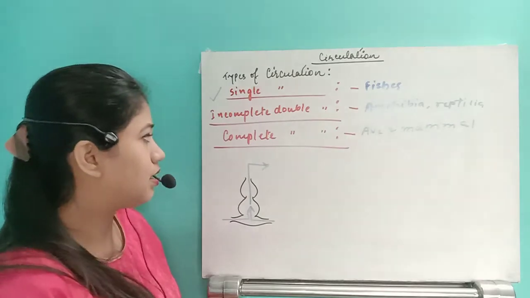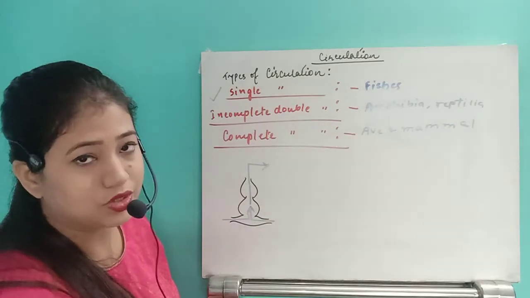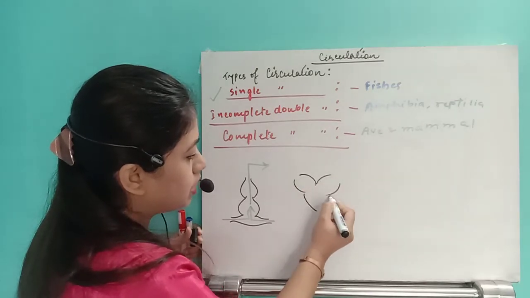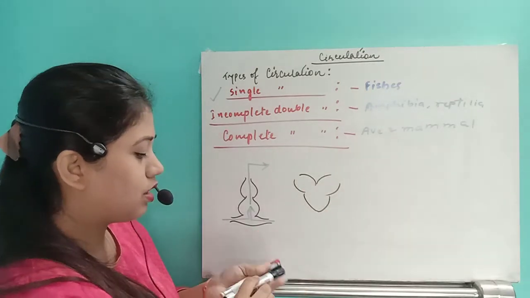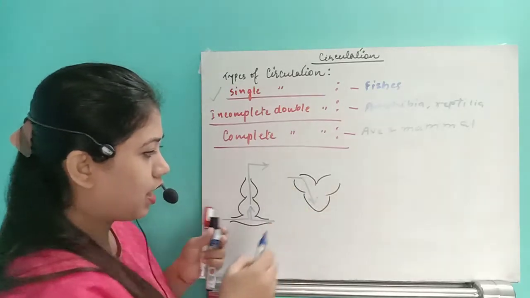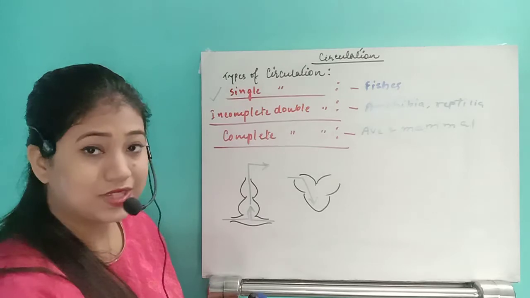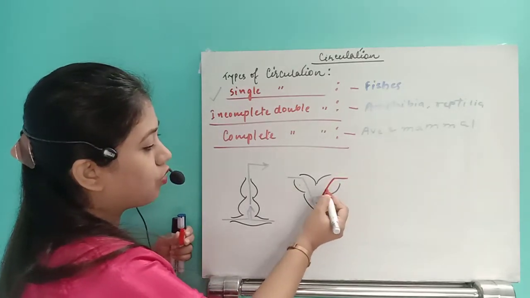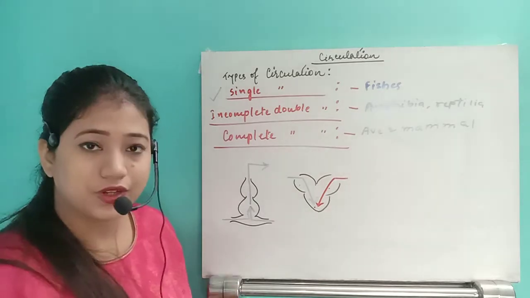Second, that is the incomplete double circulation. What is the meaning of it? Incomplete double circulation means that from the right side the deoxygenated blood will enter, and from the left side oxygenated blood will enter. Passing through the auricle, it will enter into the ventricle.